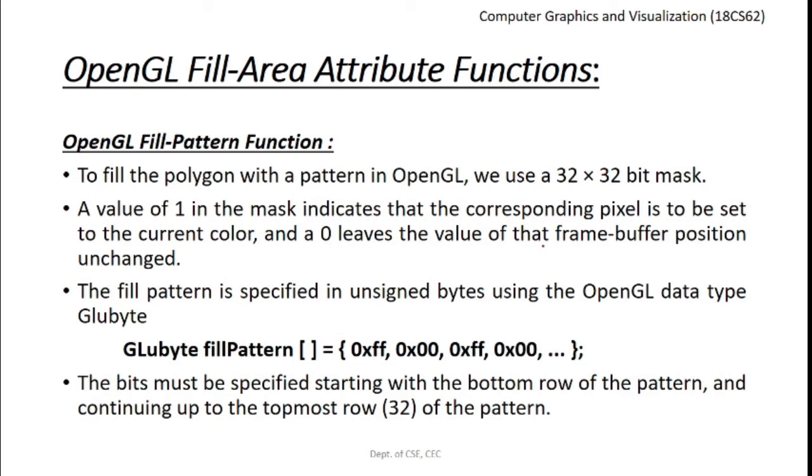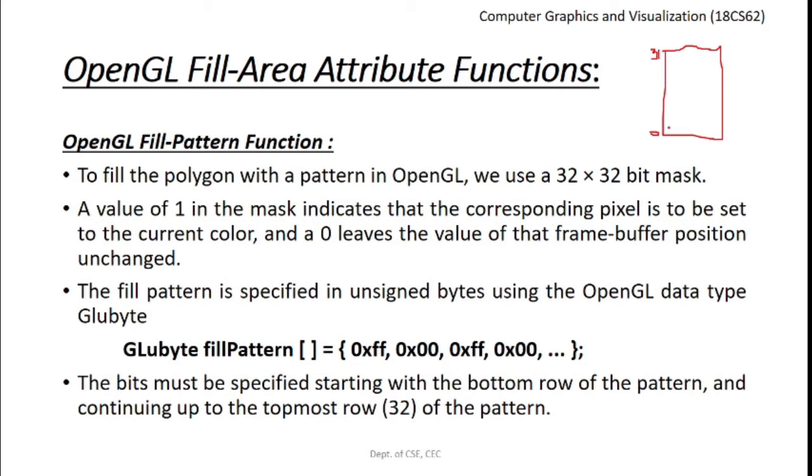So this is how we specify an OpenGL pattern using a data type called GLubyte, followed by the name of the pattern, and we define an array of 32 by 32 values. The bits must be specified starting with the bottom row of the pattern, continuing up to the topmost row, that is the 32nd row. Suppose we are going to define a pattern, and this is a 32 by 32 bit array. Okay, so this is the 0th row, this is the 31st row.